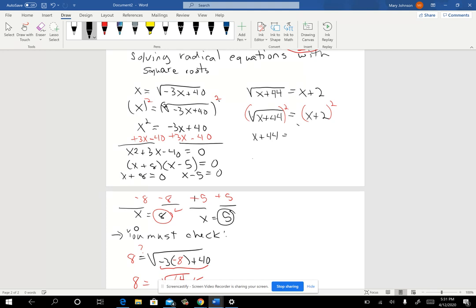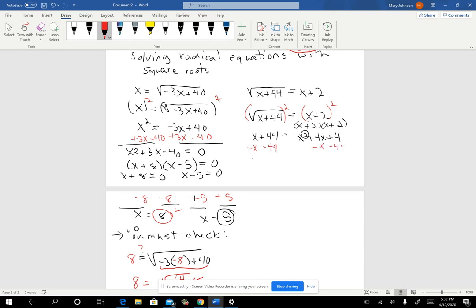but over here, don't forget that's really x plus 2 twice. So it has to be FOILed out, and you'd get x squared plus 4x plus 4. Okay, but we do have a square, so we would want to get a 0 on one side.